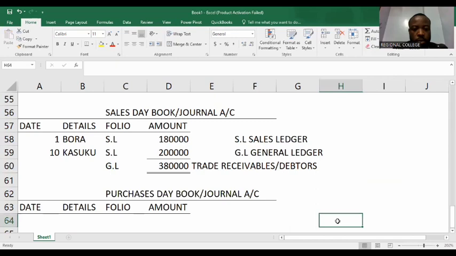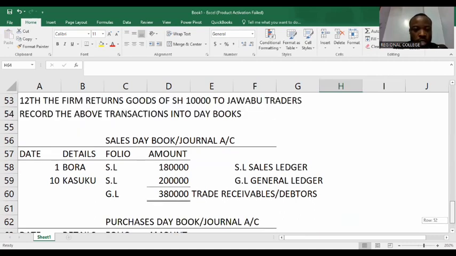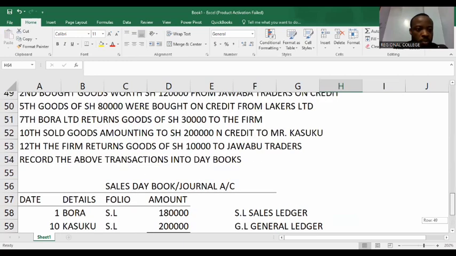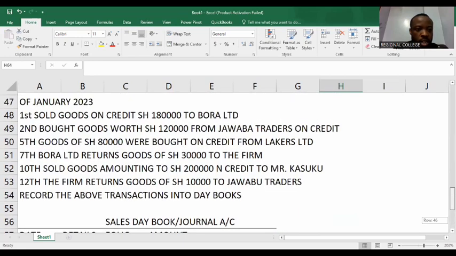Remember the purchases day book, you record things that you are buying on credit from your suppliers. So you go back to the question and try to see which date you bought goods on credit, from which supplier, and how much the amount is. So on the second, you bought goods on credit, 120 from Jawabu.